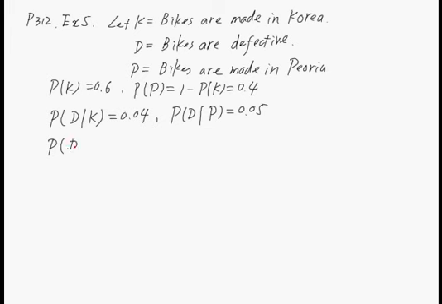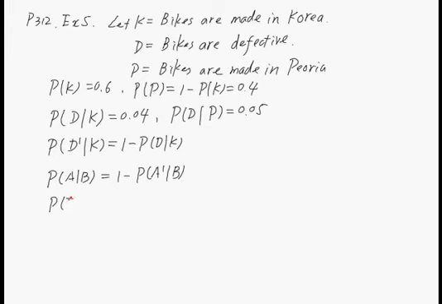So this is the conditional probability of D prime, given K. And we know this is equal to 1 minus P of D given K. Actually, we have this general formula: P of A given B is equal to 1 minus P of A prime given B. This is similar to the rule about probability, P of E equal to 1 minus P of E prime.